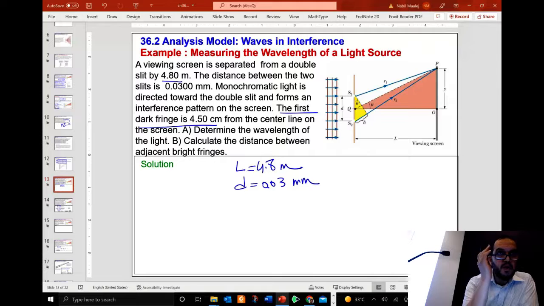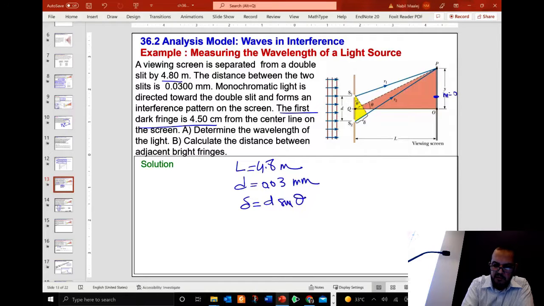So always you draw. Let's assume this is my first dark fringe. Remember, for the first dark fringe, m is equal to 0. What is the condition for a dark fringe? We said delta, sorry, d sin theta for a dark fringe is equal to (m + 1/2) times lambda.